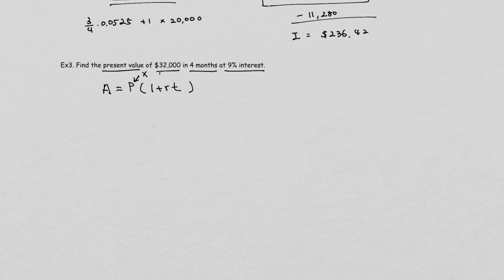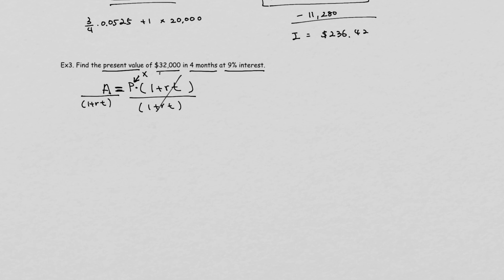So in order to solve for P, we want to isolate P. This is multiplication, so in order to isolate P by itself, you get rid of that multiplication by dividing. And when you're dividing one side by a certain value, you need to do exactly the same thing on the other side to make the equation hold true.